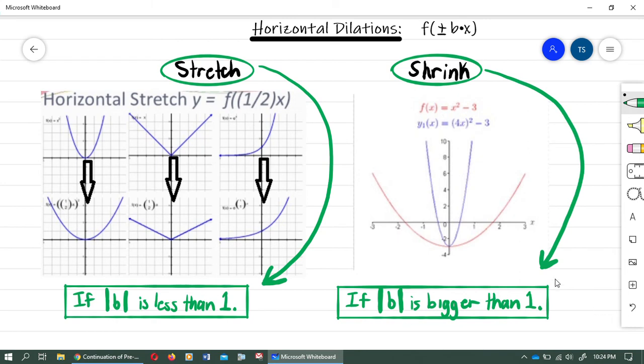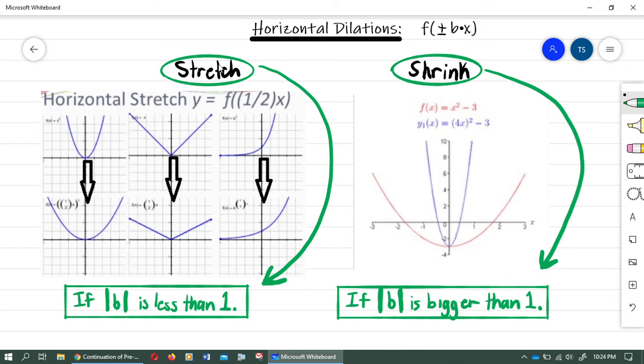So again, guys, for horizontal dilations, it's only going to be a horizontal dilation if you're multiplying some number on the inside of the function, and that's that b that you see right there, being multiplied times x on the inside of the function.